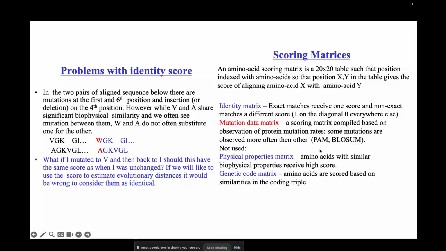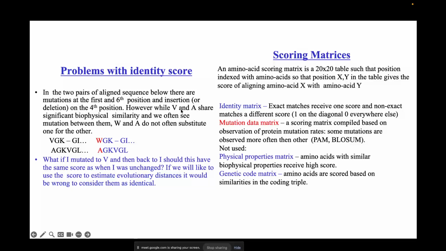Right. So you can construct a scoring matrix compiled based on observation of protein mutation rates, since some mutations are observed more often than others, and you have matrices like PAM and BLOSUM to help you with this. The scoring can be based on different things. It can be based on biophysical properties.